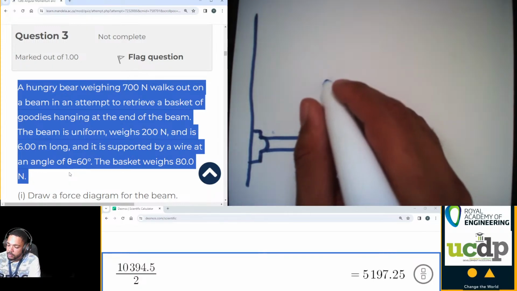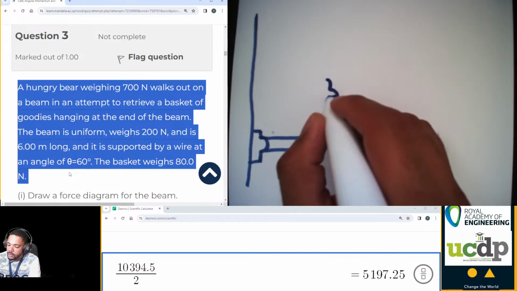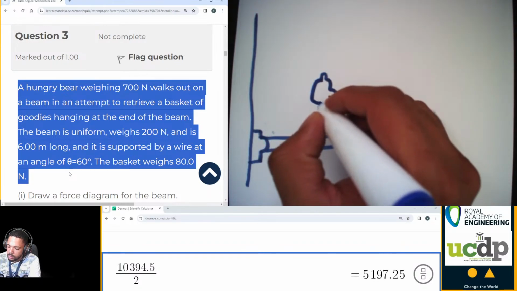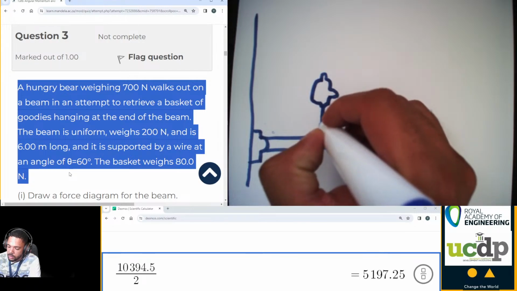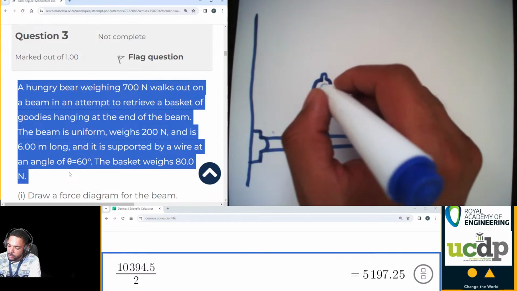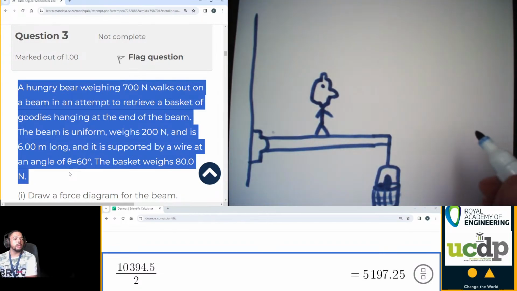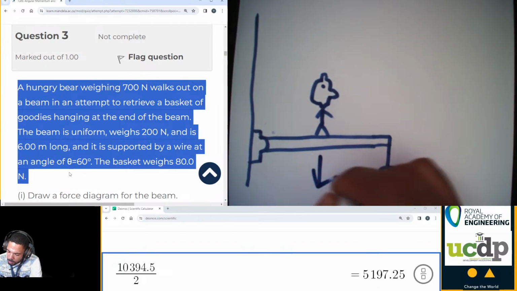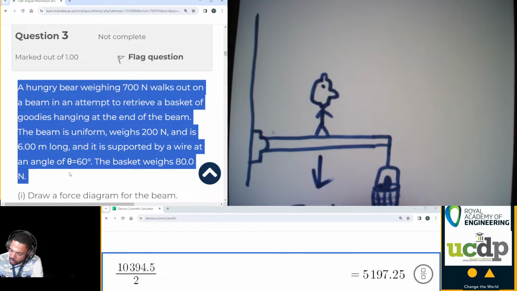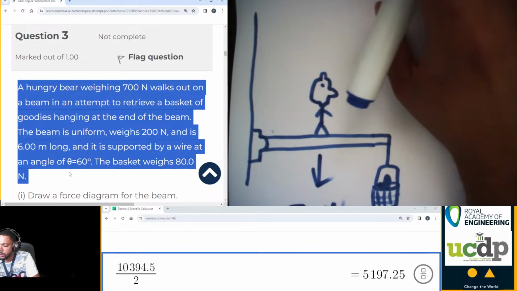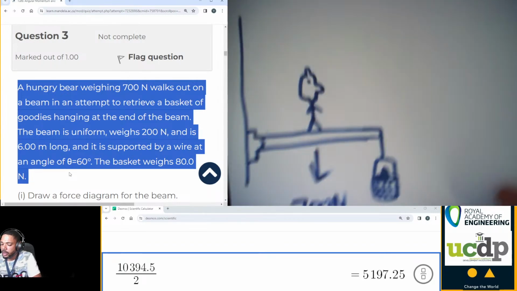This is the bear, with a snout, small ears, a head, and a stick. It's a terrible bear, but let's pretend it's a bear. It is walking out on that beam and has a weight of 700 newtons, trying to get to that basket of goodies hanging there.